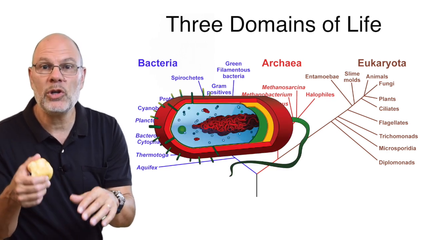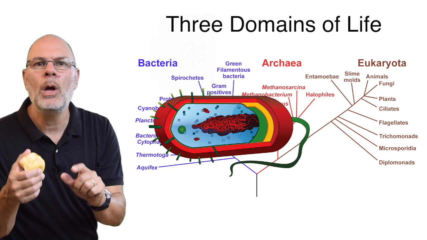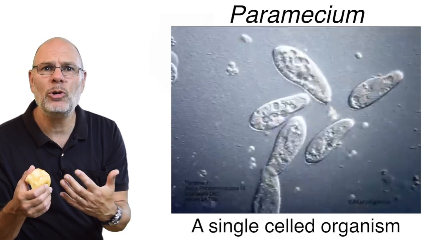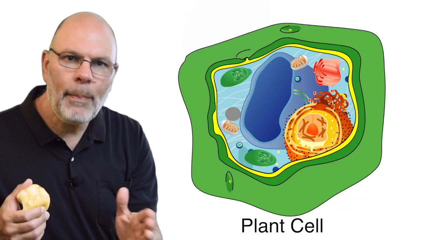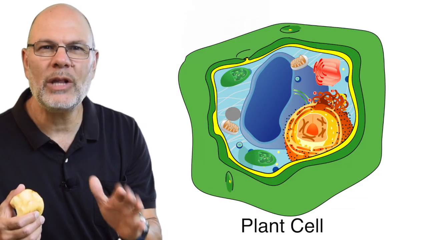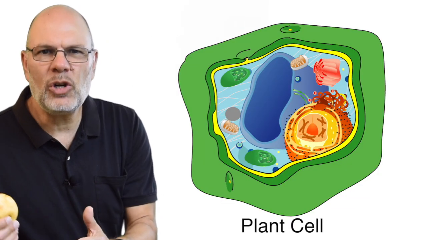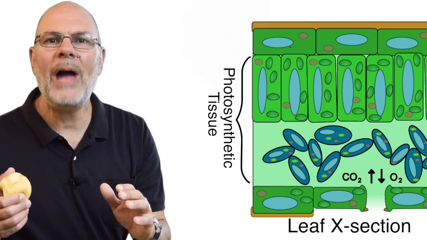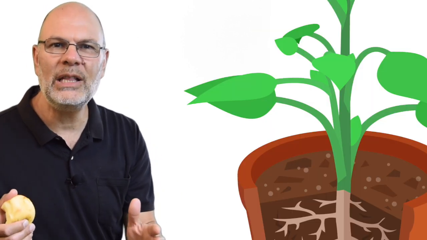Simpler, smaller cells are found in bacteria and archaea. Much more complex cells, like the one in this paramecium, are found in our domain, the eukaryotes. Apple trees are composed of eukaryotic cells that are like this. These cells interconnect to form tissues, like the photosynthetic tissue in this leaf. Interacting tissues form organs, like the leaf itself.